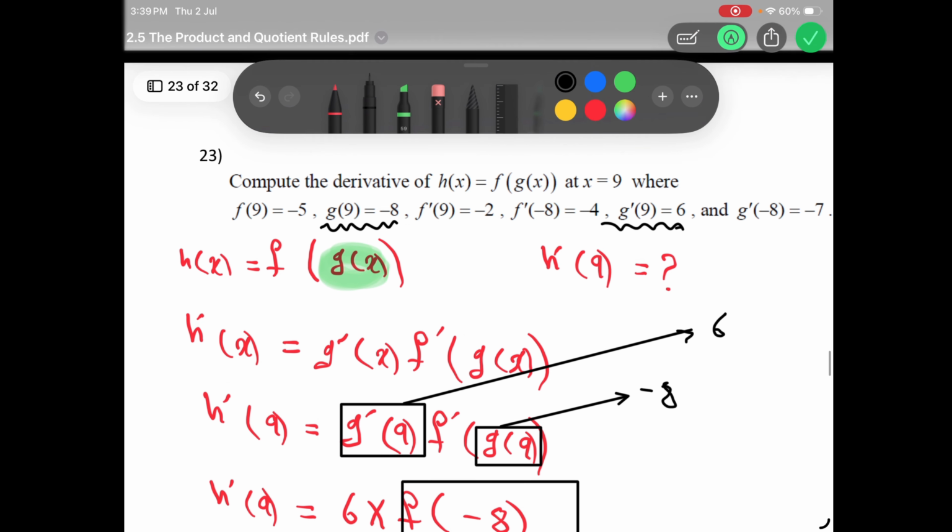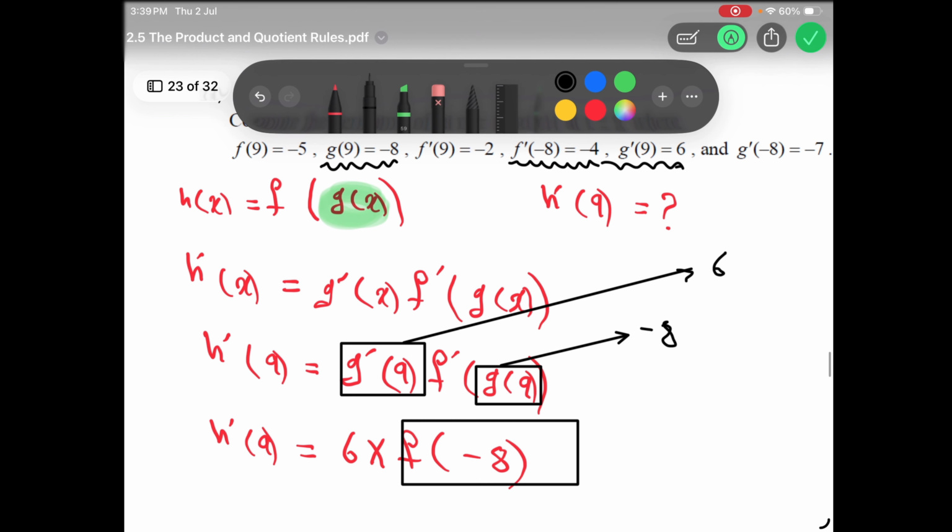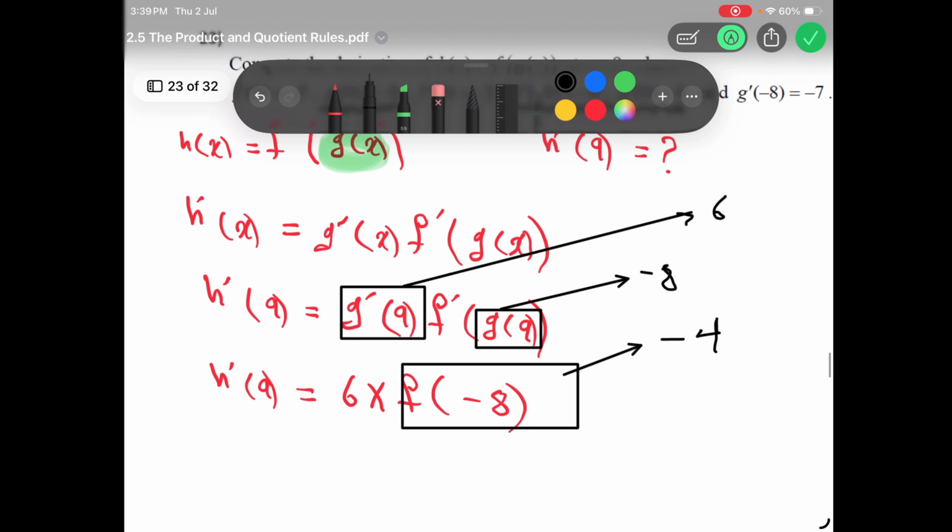It must be somewhere here. So f prime of minus 8 is this, minus 4. So I know the value of this guy here now. This is minus 4. And now h prime of 9 will be 6 times minus 4, which is minus 24.